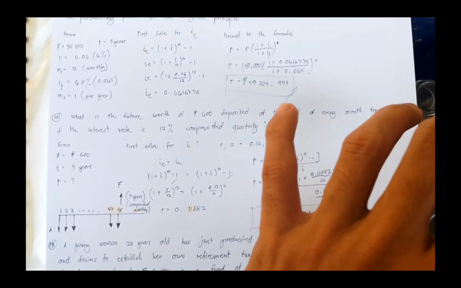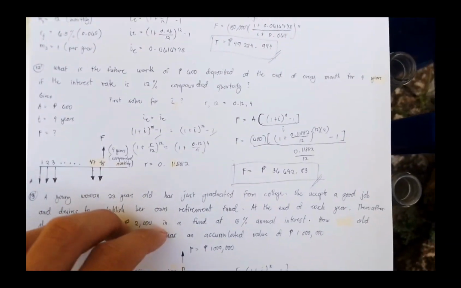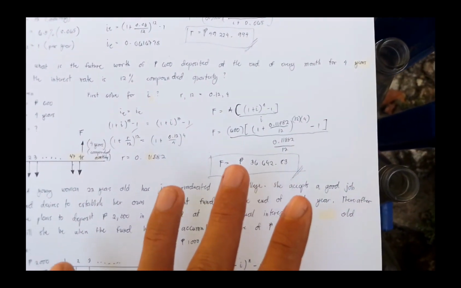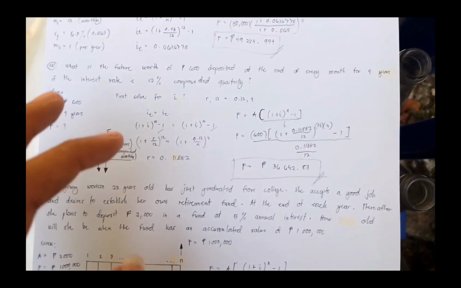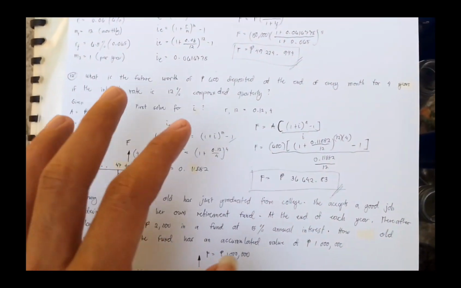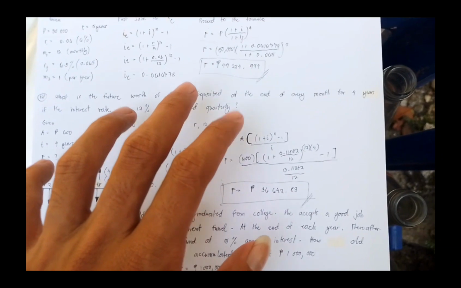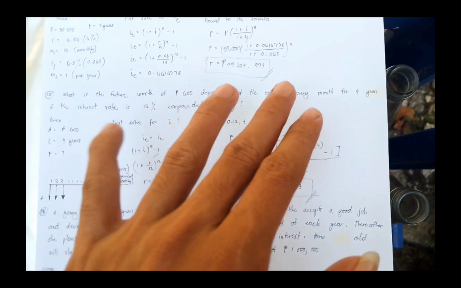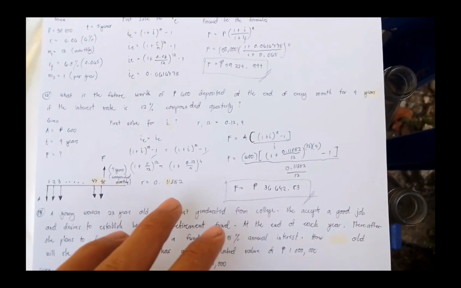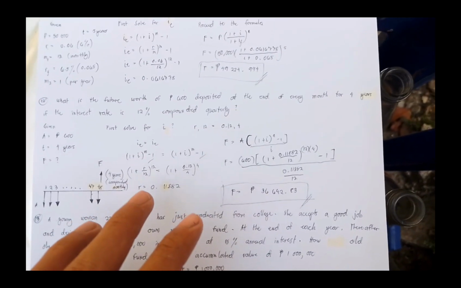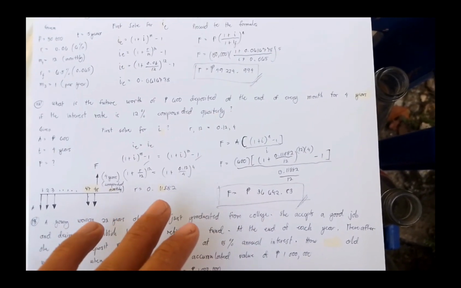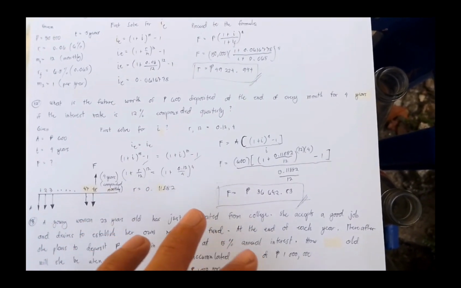Now, we have the value for the rate at which we will deposit 600 at the end of every month for 4 years. So now simply substitute. It's asking for the future worth of 600 pesos deposited every month, compounded every month for 4 years at a rate of 11.882%.